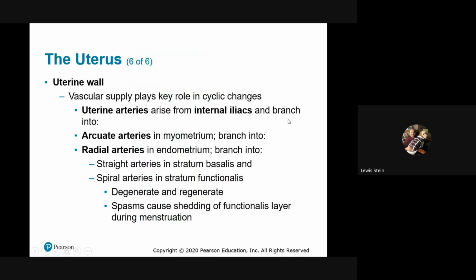The key has to do with blood supply. We have gonadal arteries, which are about the ovaries. The uterine artery, even if it sends a tiny branch to the gonadal areas, doesn't come directly off the abdominal aorta. It comes off the internal iliacs. If you go back and remember your anatomy from Dr. Robbins in the lab, you have the common iliac where the abdominal aorta bifurcates. You have the external iliacs, which go to the lower extremity.